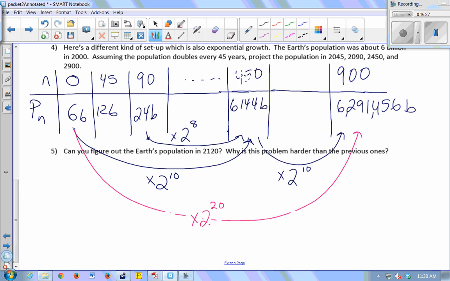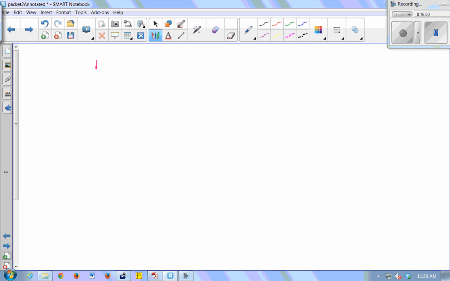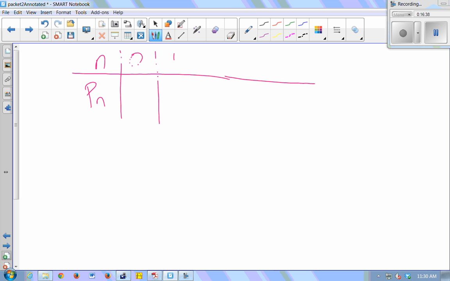My population. So, 0, 45, 90, 135, right? Those are the first few multiples of 45. 2120 is somewhere in here between 90 and 135. So my populations go 6, 12, 24, 48, right?